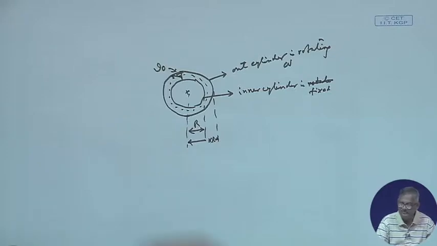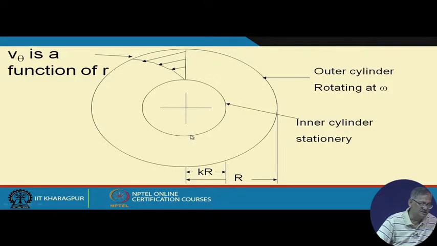Now, if we do the same problem like this, where instead of R at the inner boundary and KR at the outer one, we just interchange them, so that KR is at the inner one and R is at the outer one.